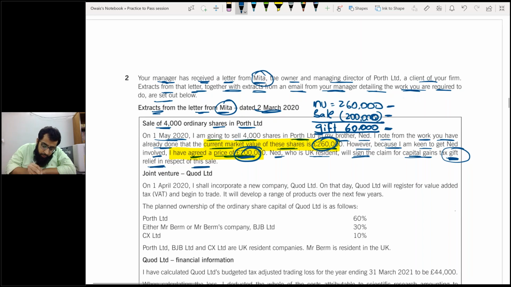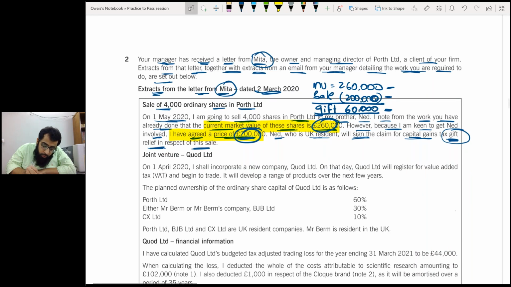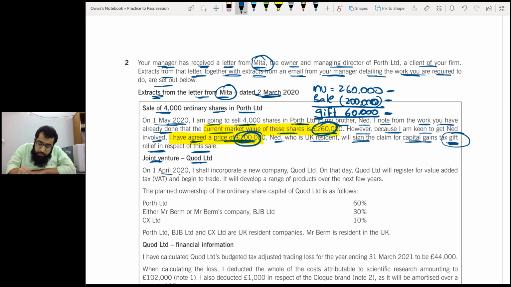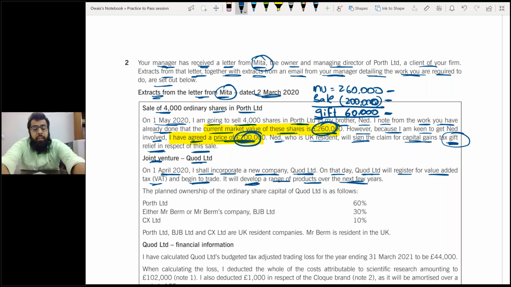Joint venture Cord Limited. On 1st April 2020, I shall incorporate a new company, Cord Limited. On that day, Cord Limited will register for value-added tax and begin to trade. It will develop a range of products over the next few years.